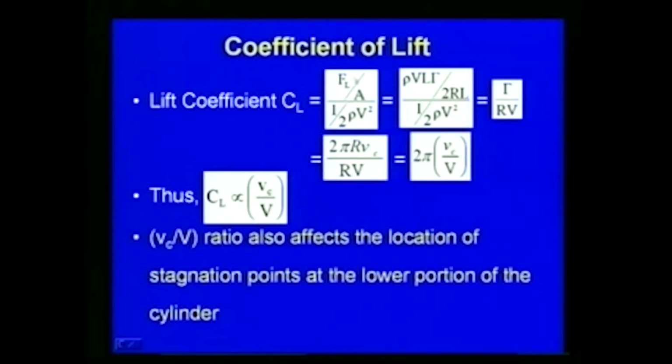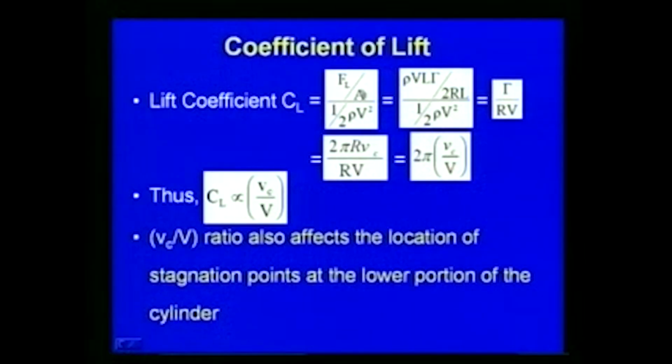If we consider the circulation also, then we can write FL is equal to rho V L gamma, where V is the free stream velocity, L is the length of the cylinder which we consider, and gamma is the circulation. As far as the area is concerned, for a cylinder it will be 2 R L. So rho V L gamma by 2 R L divided by half rho V squared, that is equal to gamma by R V.